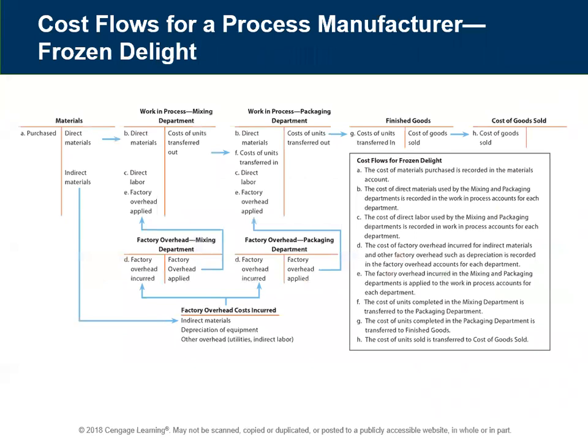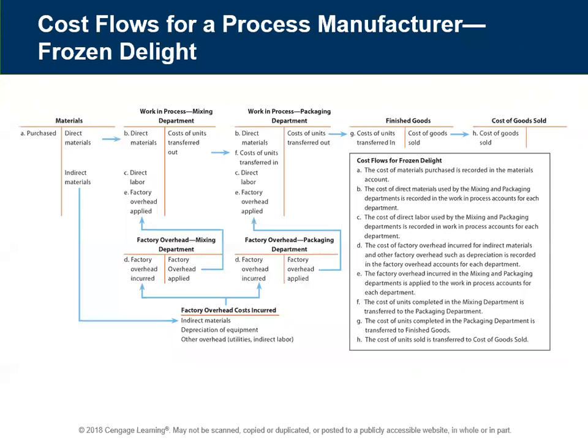Obviously this one's kind of big and overwhelming to look at, but it's very similar to chapter 16 as far as how your costs flow. The only difference is now we have work in process mixing and work in process packaging. All your other cost flows are the same. And then you're going to have factory overhead that's applied to each separate work in process, usually based on the labor in that work in process.